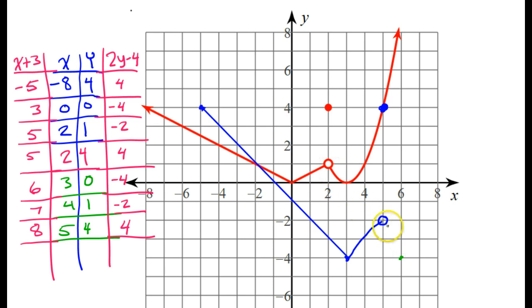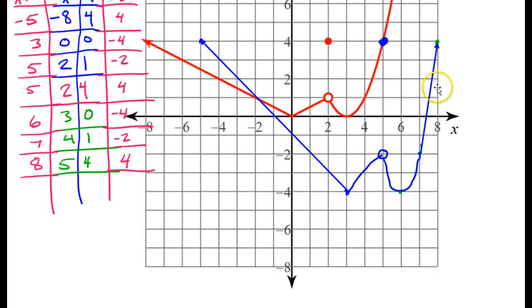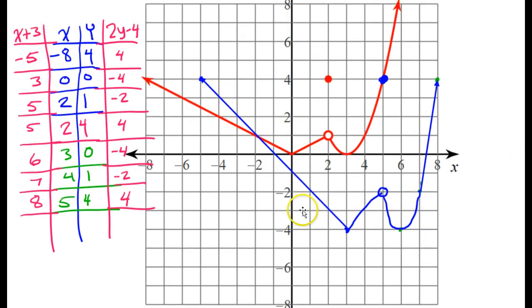All right, remember the parabola really starts from this open circle, but it will go here. 7, -2 as the parabola begins to swing back up. And 8, 4. So the parabola piece is going to look something like this. All right, got a little janky in there, but you get the idea. That was supposed to be blue. So there it is. My transformed function should be very much like what you see here in blue.